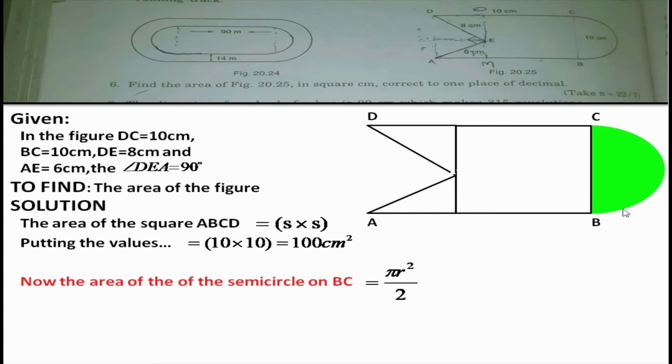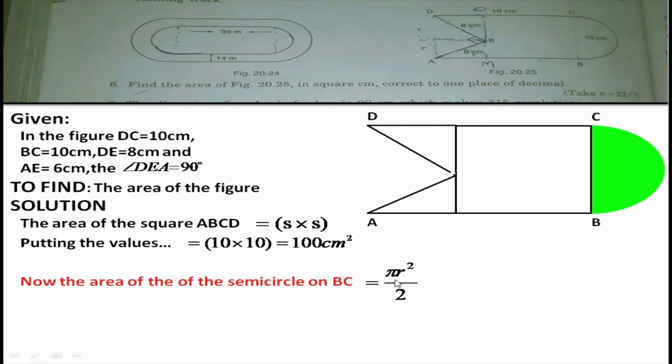We are going to take out the area of a semicircle, so we will divide the area of a complete circle by 2. Hence, the formula for the area of a semicircle is pi r square by 2, because a semicircle is half the area of a circle.